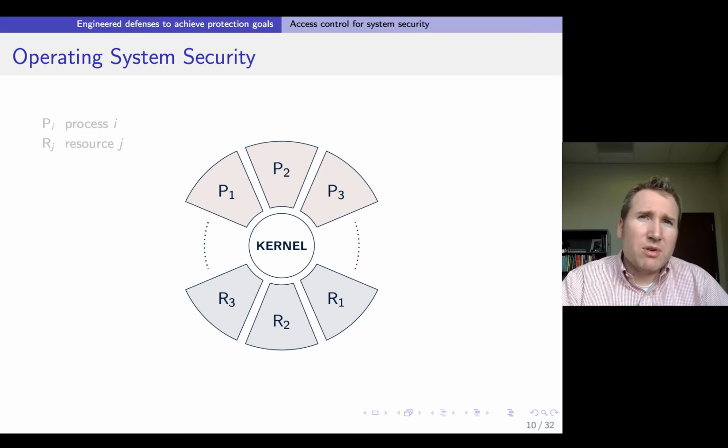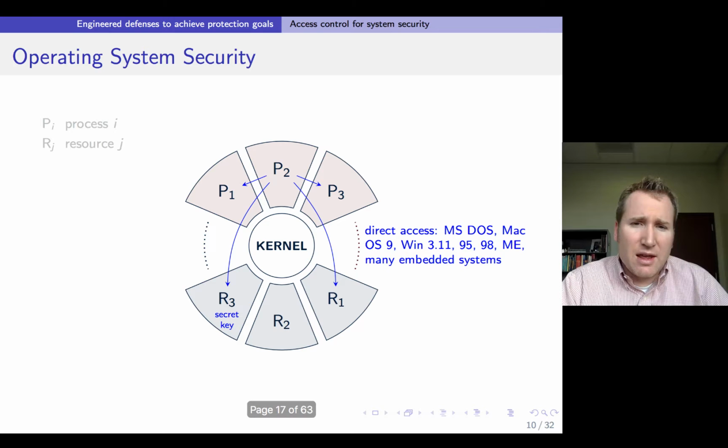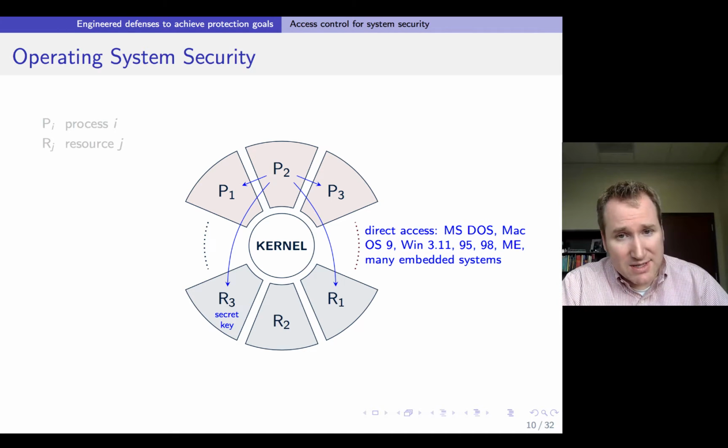And the way operating systems often worked historically is that these processes can then directly access other processes and also directly access resources. Okay, and so this is the way it was done in early versions of Windows, and the way it still is done to this day for many simple embedded systems and devices that we're seeing in the Internet of Things, for example.